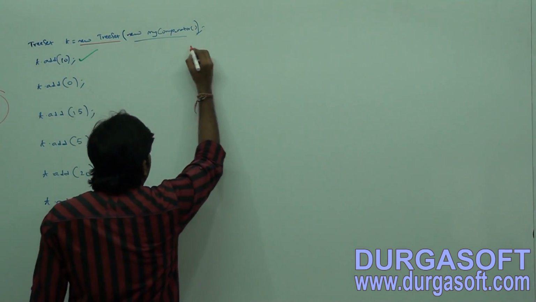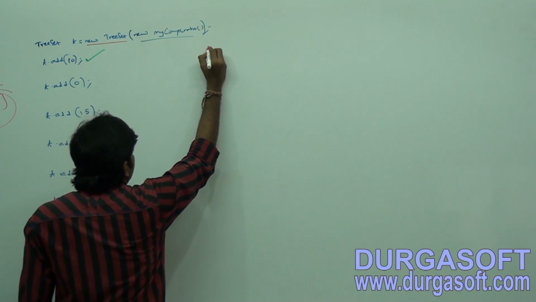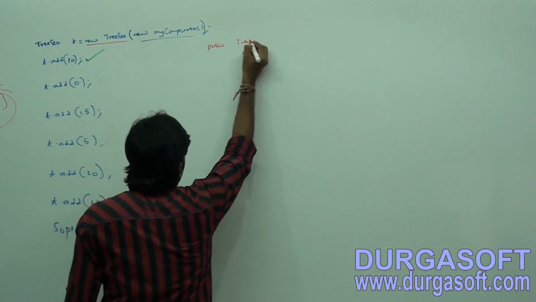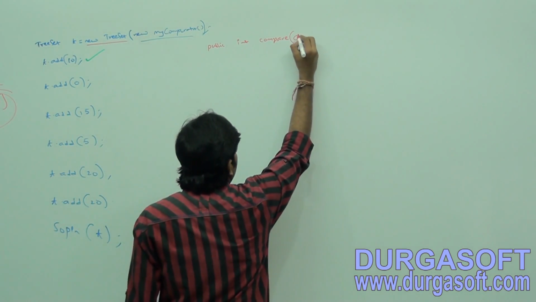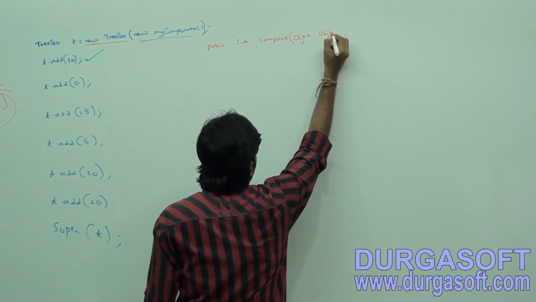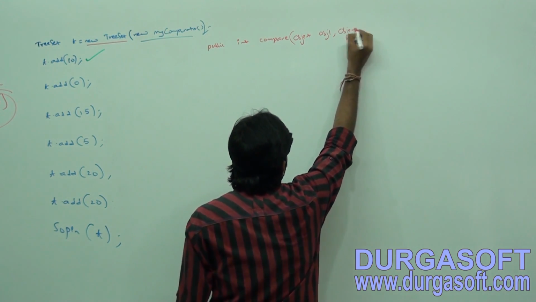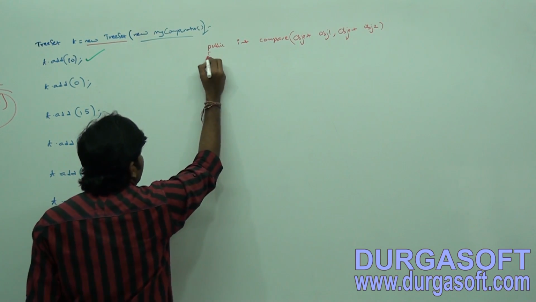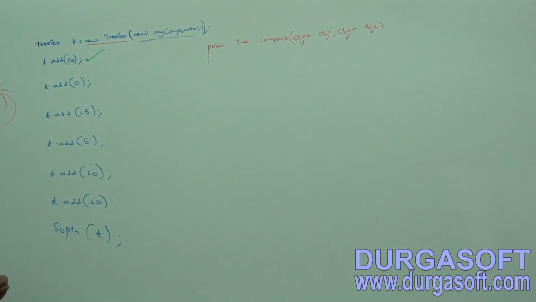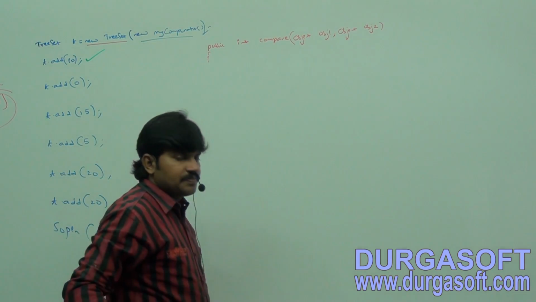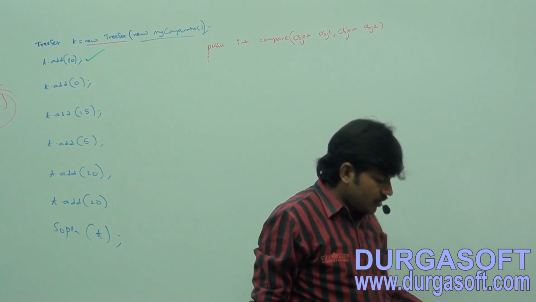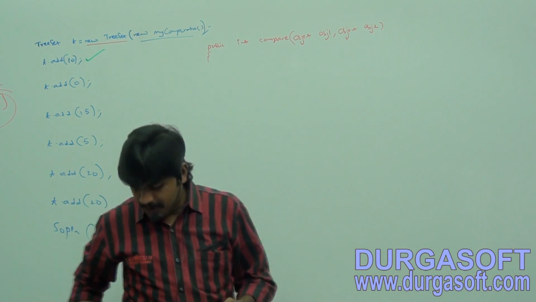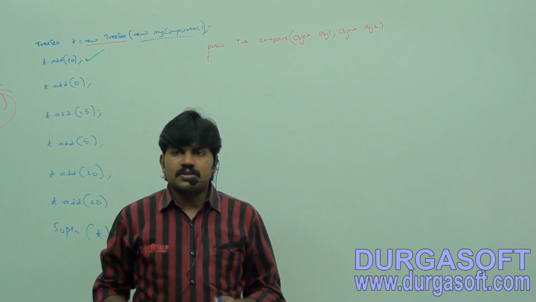Here see: public int compare(Object obj1, Object obj2). Keep the subheading first: various possible implementations of compare method.